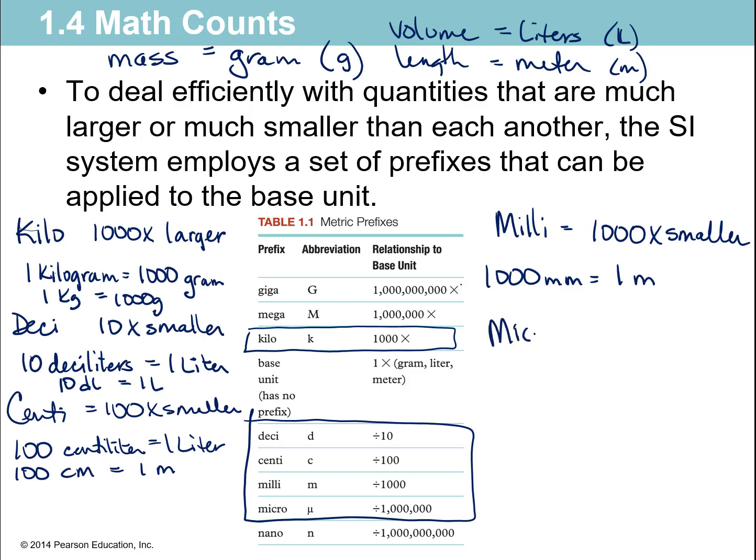Last one, micro. So not only do you end up with a base unit with an M, and then you end up with a prefix unit that's got an M, then they use another word that starts with M. You really think they could have come up with some other ideas, okay? So they literally ran out of M's. So for micro, they go to the Greek symbol that is called mu. The symbol for this is 1,000,000 times smaller, a 1 with 6 zeros, a super, super small measurement, whether mass, length, or volume, and they use the symbol mu.